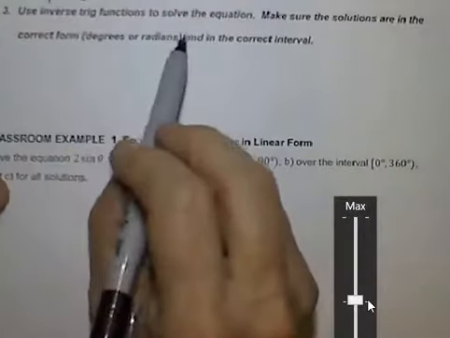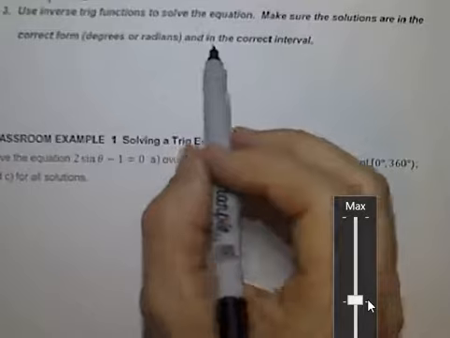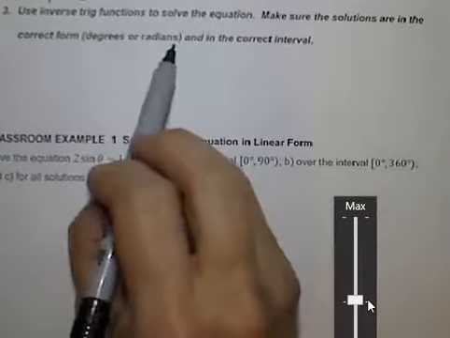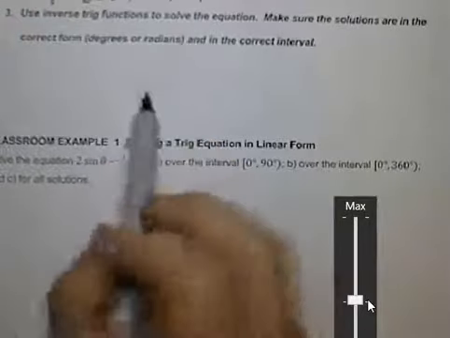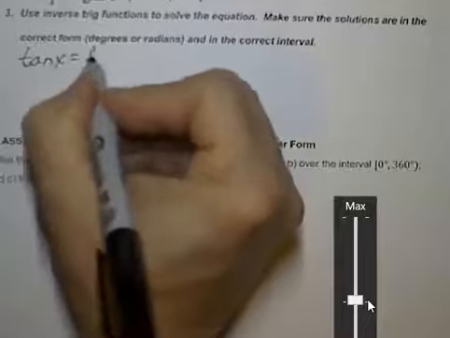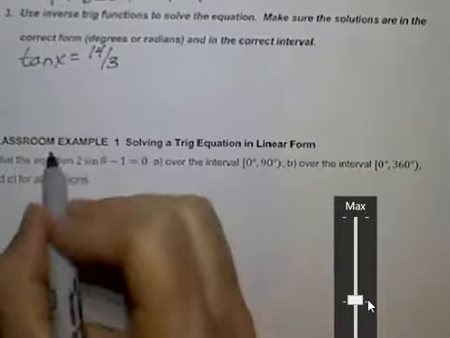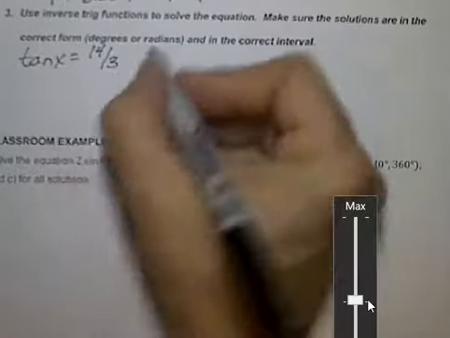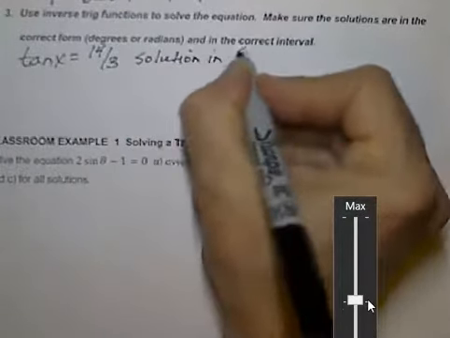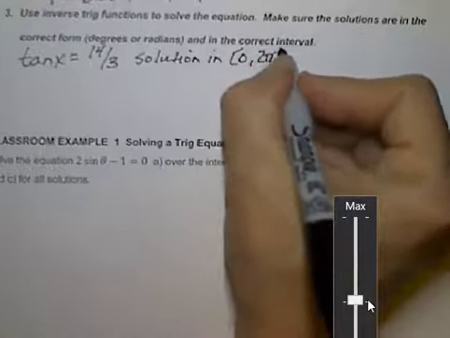Now in all those tips, we got to the point where we had a trig function that was equal to a number. At that point, then we're going to use an inverse trig function to actually solve the equation and find the angle. The first equation we talked about, we ended up with tangent of x equals 14 over 3. Let's say that we wanted the solution for this in the interval from 0 to 2 pi.